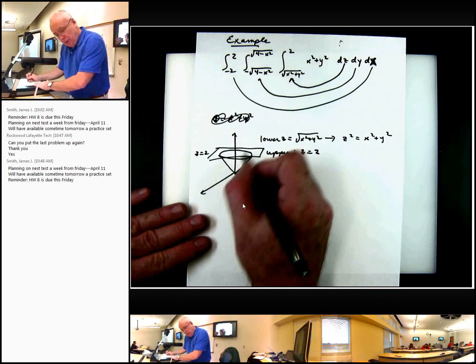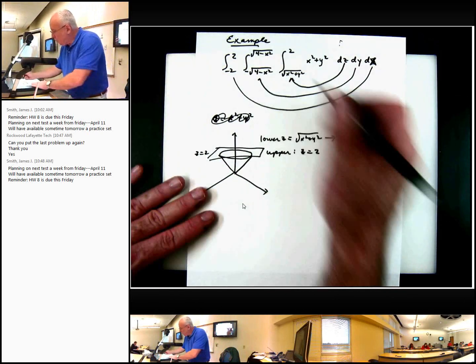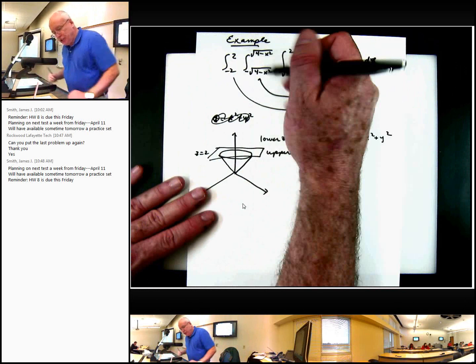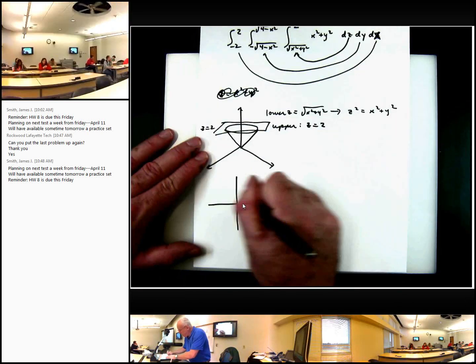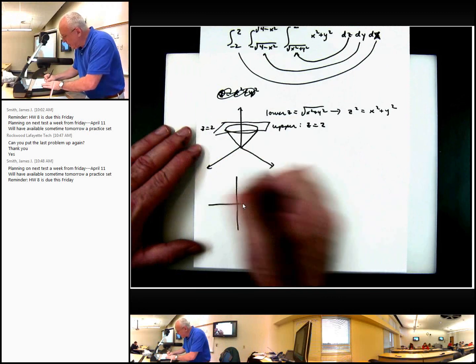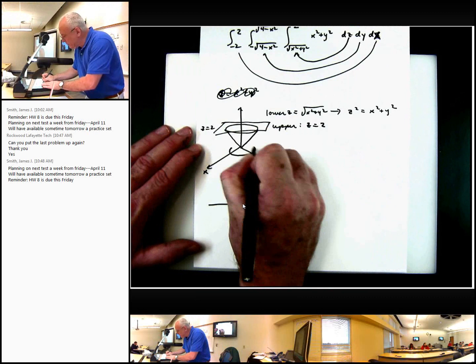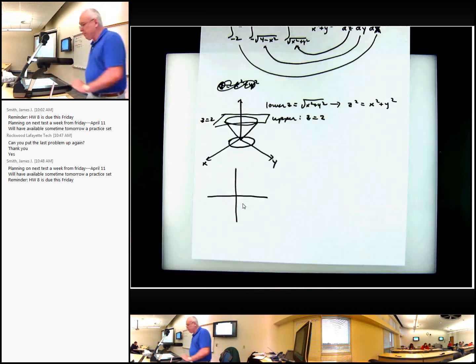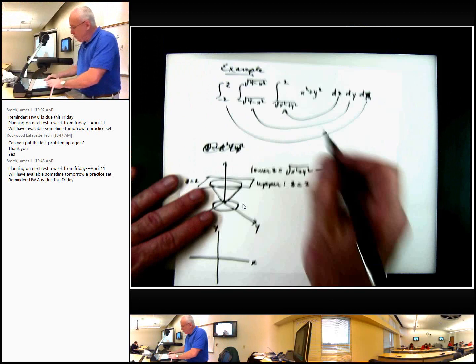Now, we have to look here at my projections down here, because this is going to be projected onto the xy plane as a circle. Okay? Now, in the xy plane, what do we have here?